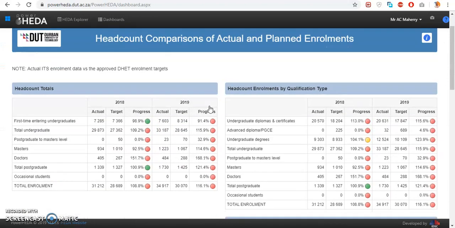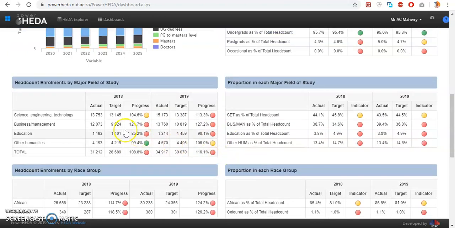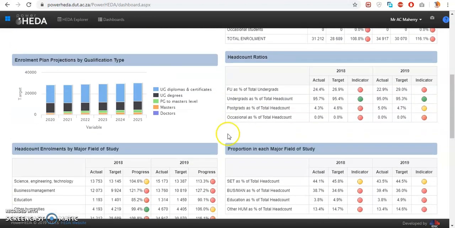This is updated every 30 minutes. So from this, you'll be able to track, monitor, and prevent over-enrollments from happening within your various faculties. And as a result, you can use data to drive your organizational efficiency and your operations.